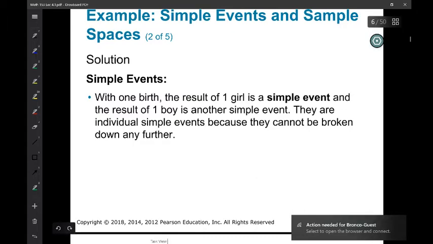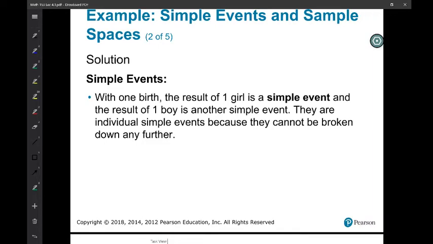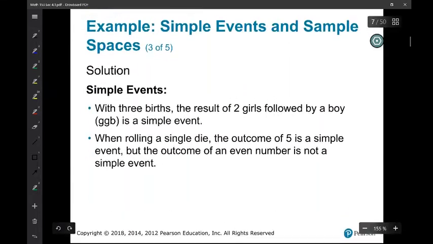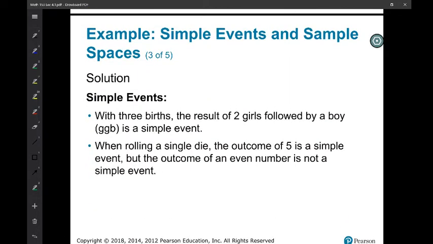With 1 birth, the result of 1 girl is a simple event, and the result of 1 boy is another simple event. They are individual simple events because they cannot be broken down any further. With 3 births, the result of 2 girls followed by a boy is a simple event.